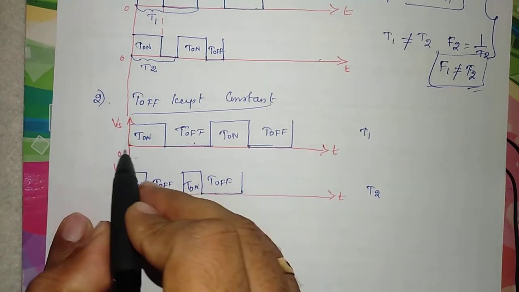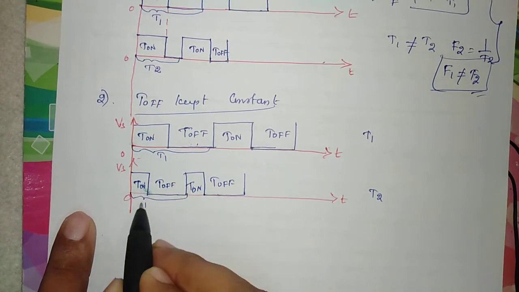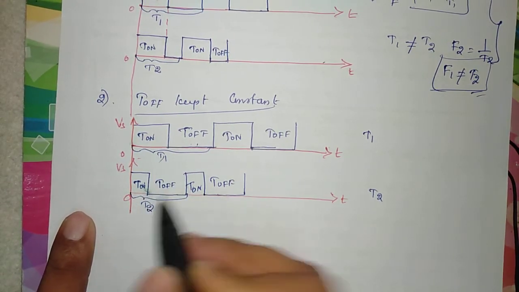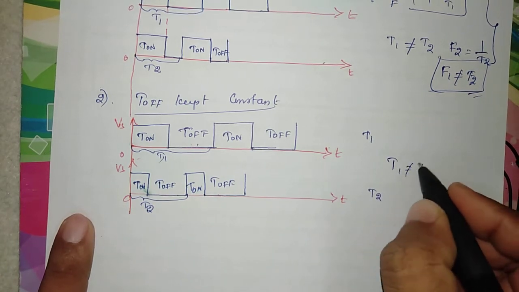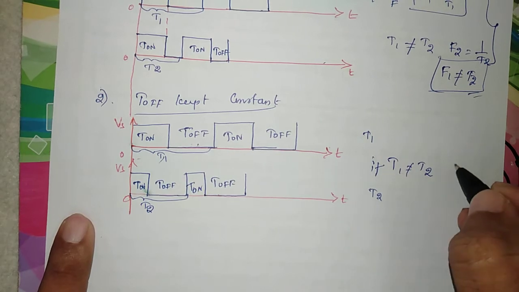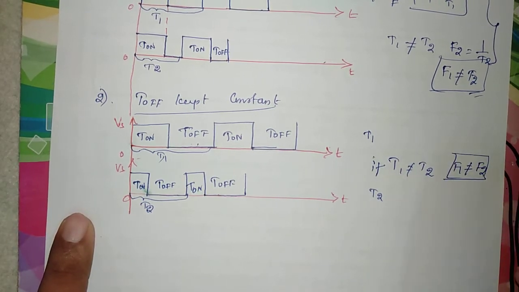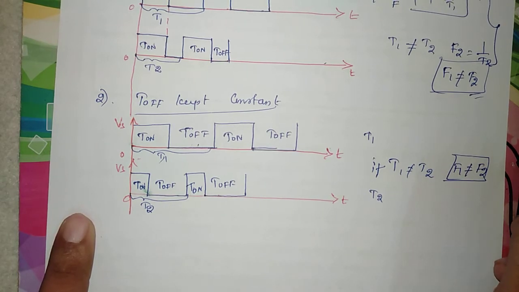But here we are having one set of t1, here we are having one set of t2. This t1 is not equal to t2 here. If t1 is not equal to t2, in the sense obviously f1 is not equal to f2. That means we are not having a constant frequency here.